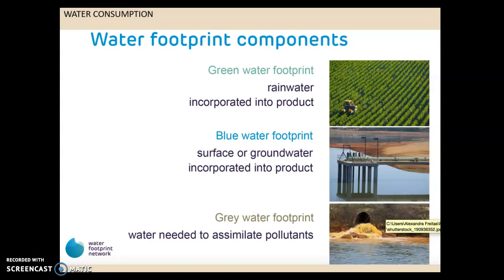Before we touched on the idea of externalities and negative externalities. This grey water is an externality, so something that's created as part of a process of production that isn't exactly what we desired, and it's not the actual product.